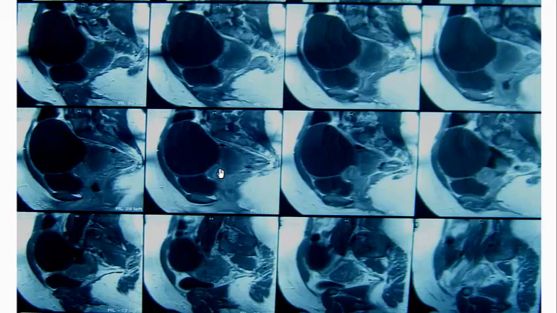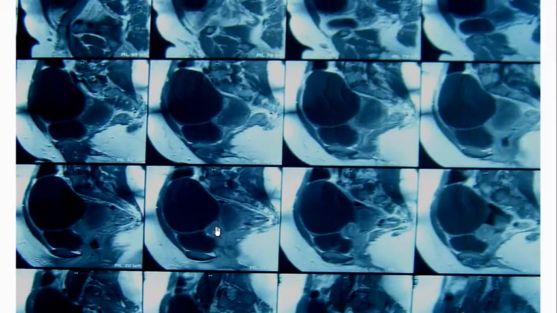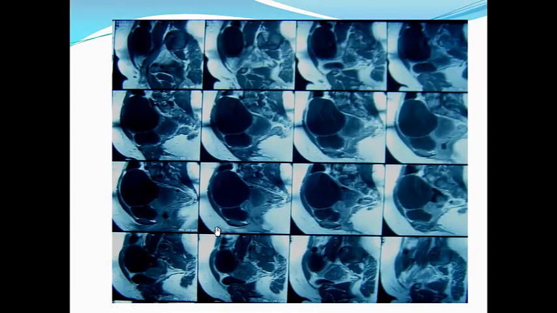There is an anechoic cystic structure present here, hypointense, like the urinary bladder. So from the T1, we can detect the characterization that it is fluid in nature.